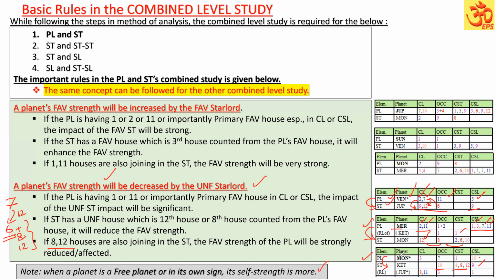Now, coming to this planet and star lords combined level, these favorable houses will experience this unfavorable 10, 4, 8, 12. You can see the 8th house and 12th house are also joining hands in the star lord. The impact of the unfavorable will be increasing. That too, the planet is having the primary house.